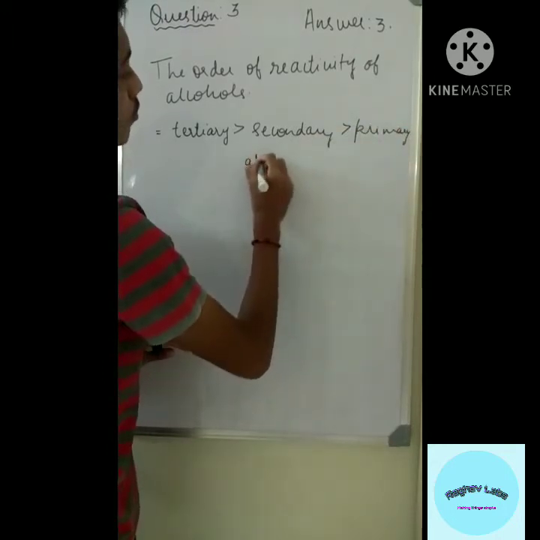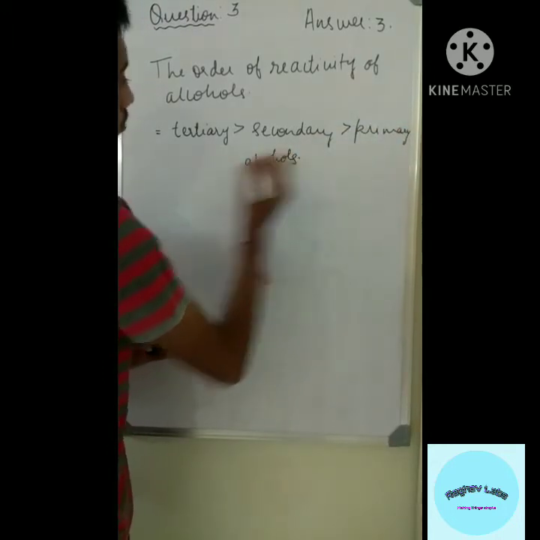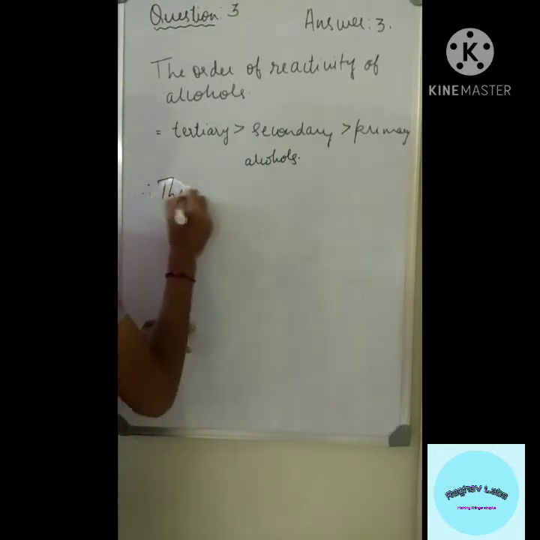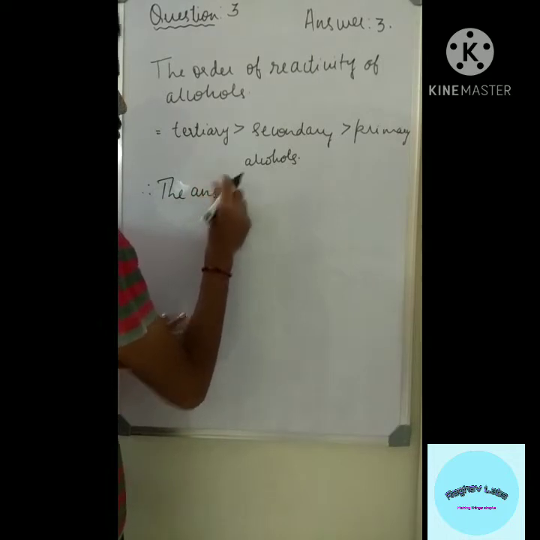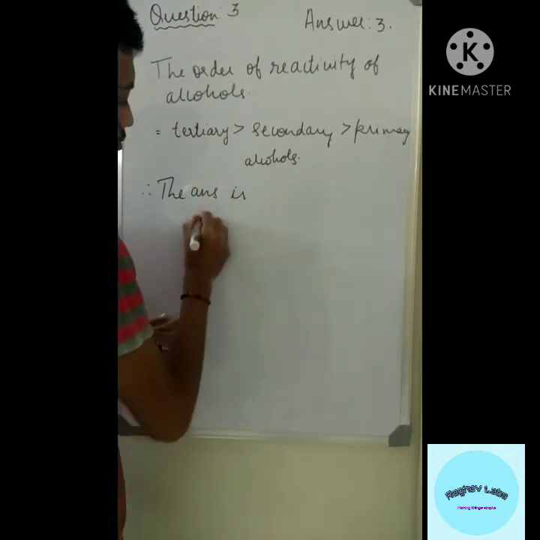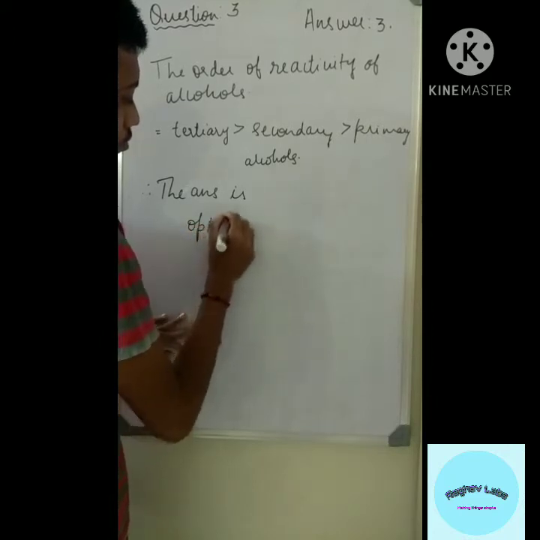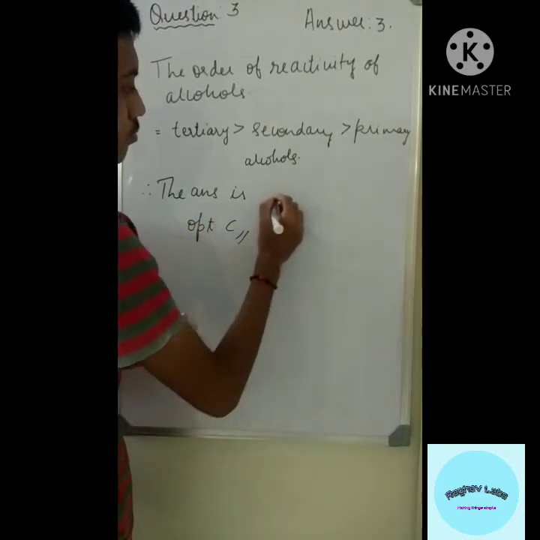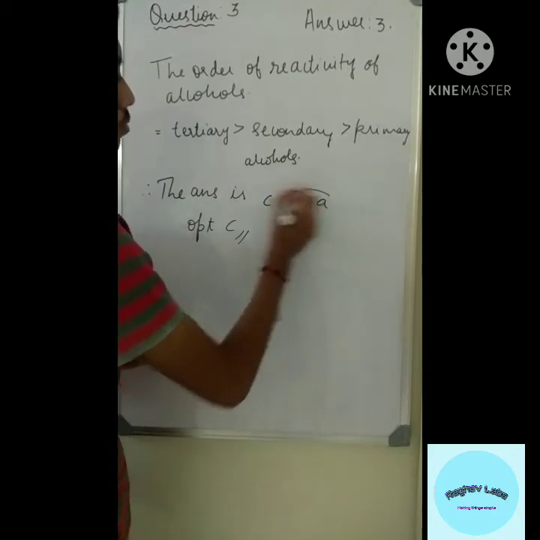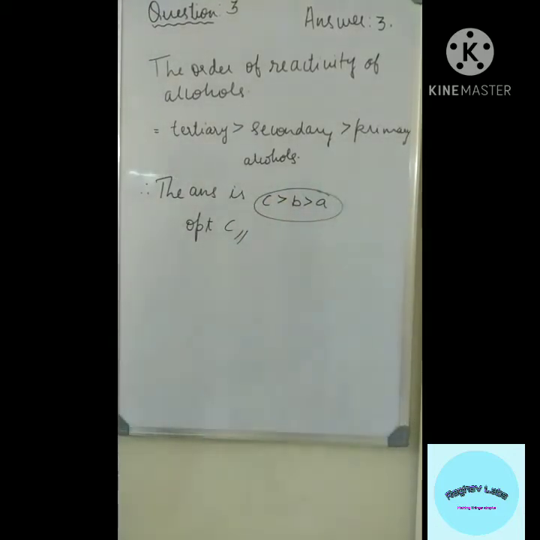So please remember this always in your examinations also. So according to this, we have the answer option C, which is C greater than B greater than A, which is given in option C.